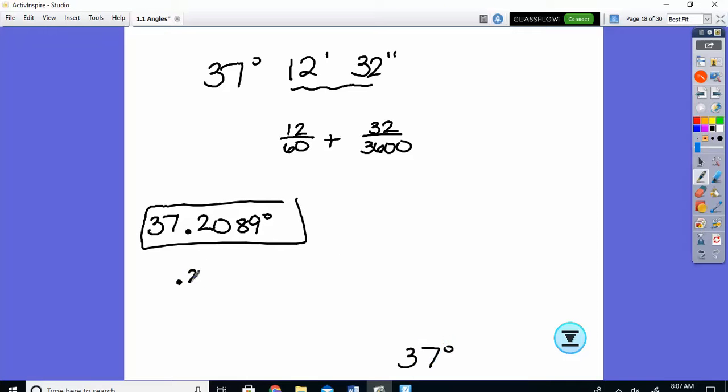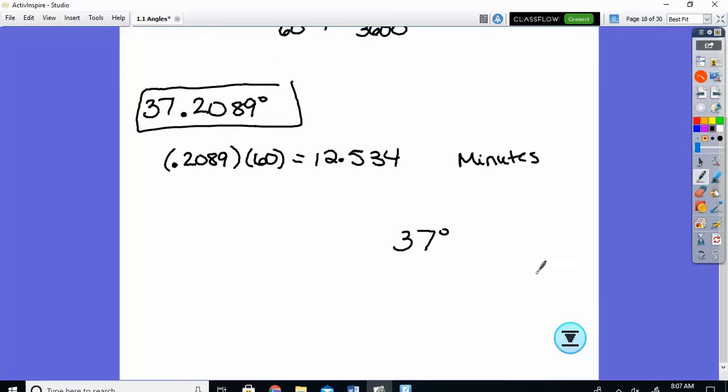You take your decimal and we're going to multiply that by 60. Okay, and so we get 12.534. So this is like our minutes.